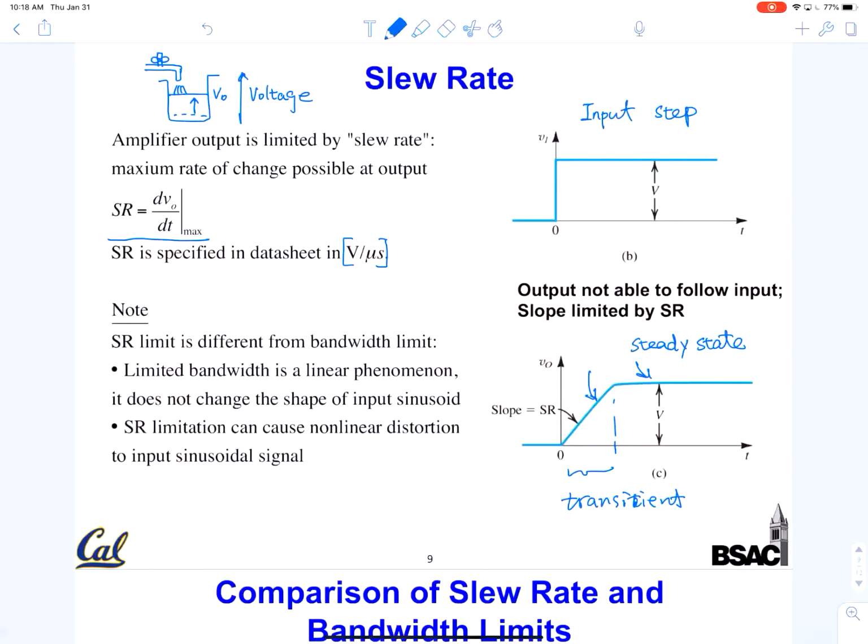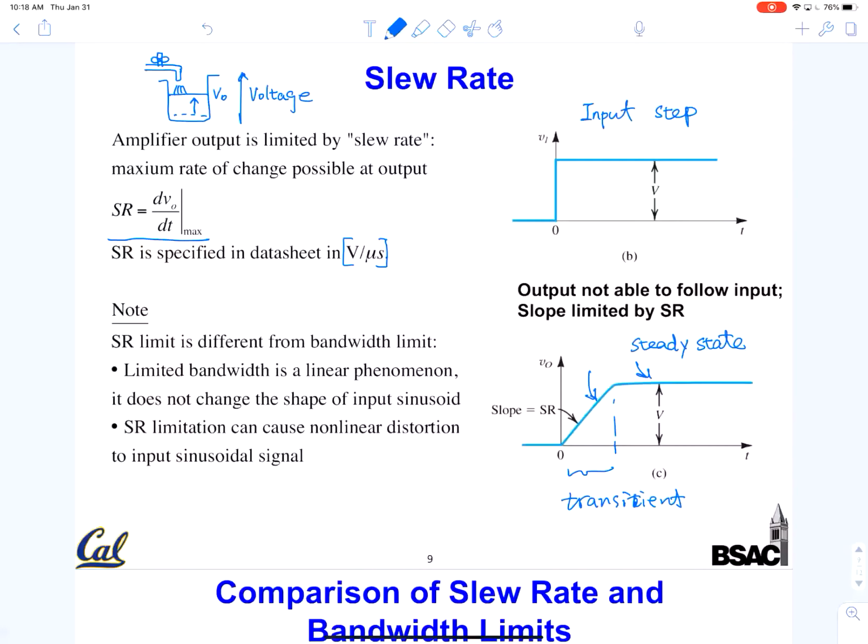Most data sheets list it in volts per microsecond. 10 volts per microsecond is a typical range. In 1 microsecond, the voltage goes up by 10 volts. It needs a lot of current drive capability to do that. Towards the end, we'll see a typical data sheet, and you'll see some op-amps that can exceed that.